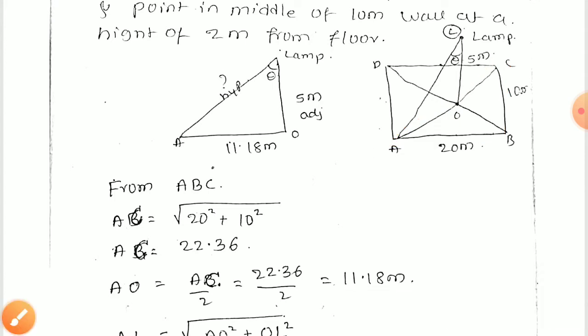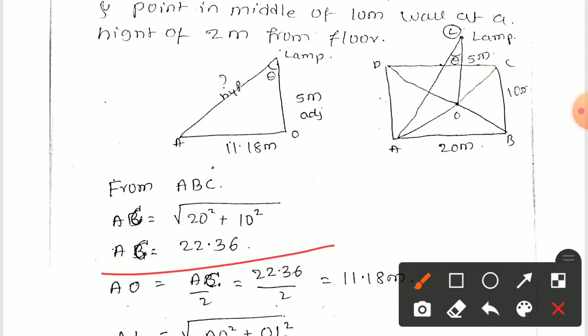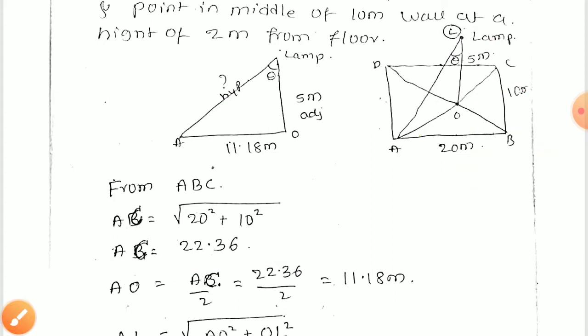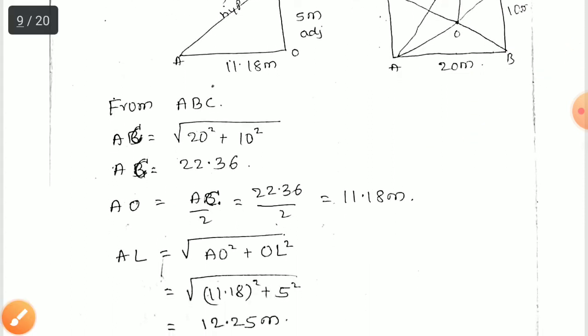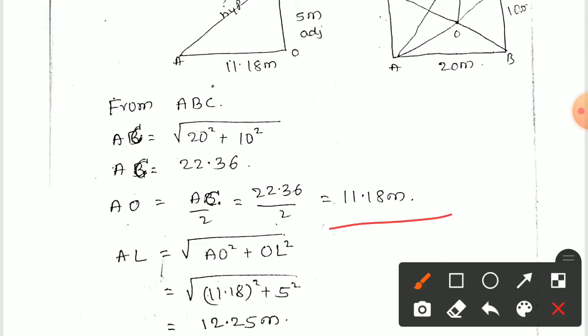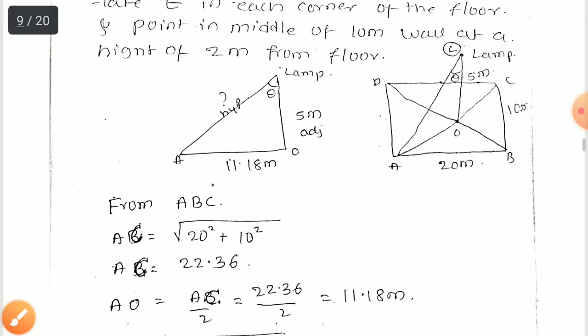From that you calculate AC, and AC will be 22.36. If AC is 22.36, then AO is half of it, AC divided by 2, which is 11.8. Similarly, AL you have to calculate.